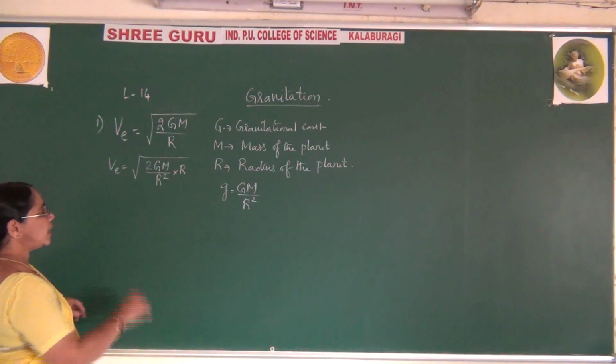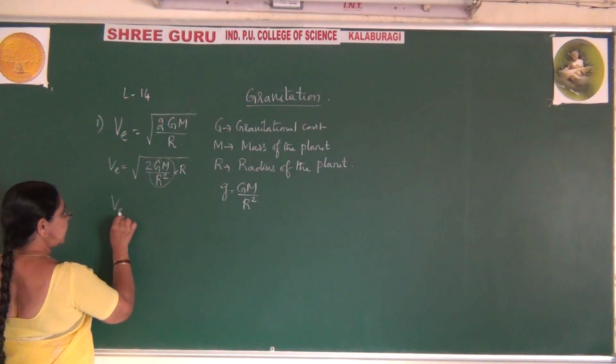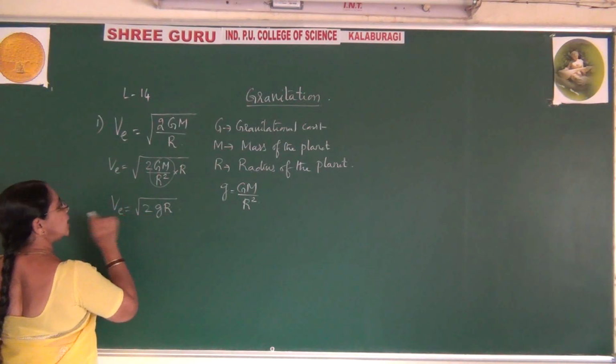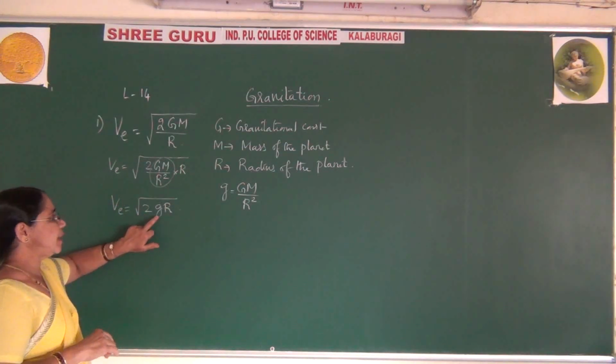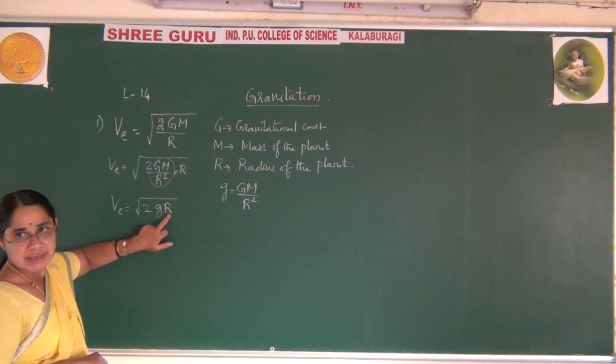Now GM by R square can be written as small g. So V_E is equal to root of 2gR. Here g is the acceleration due to gravity and R is the radius.